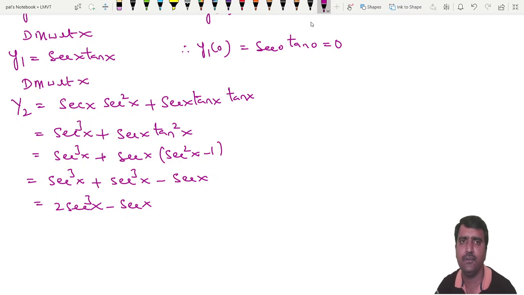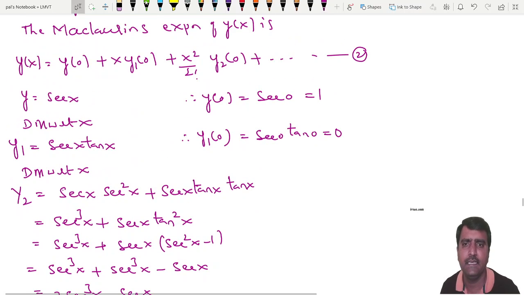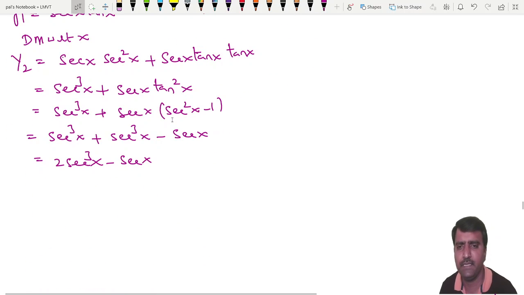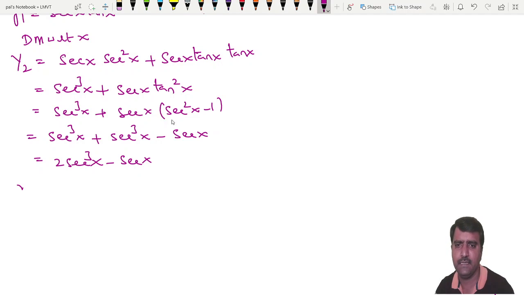Since we expressed everything in terms of secant x, we can replace secant x by y, because y is equal to secant x, and it helps to differentiate further. So it is 2 into y cube minus y.